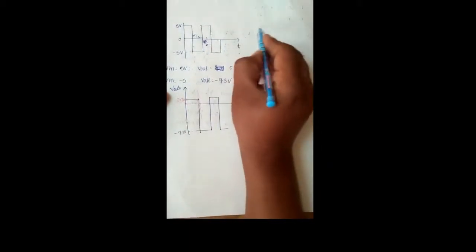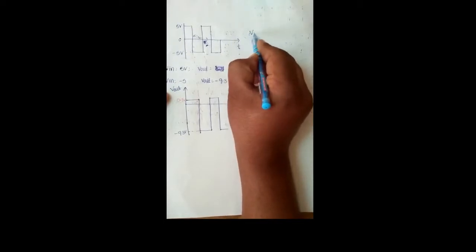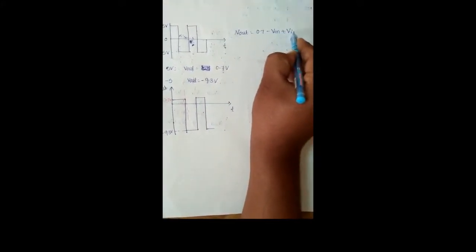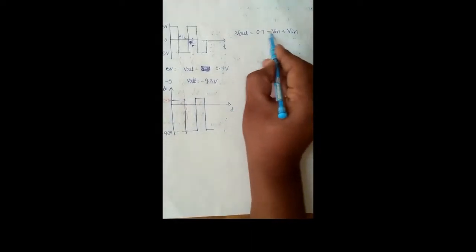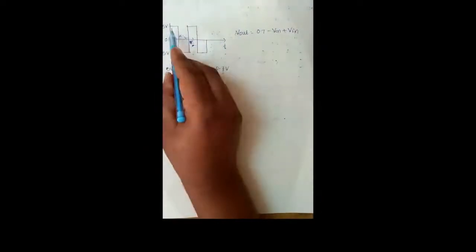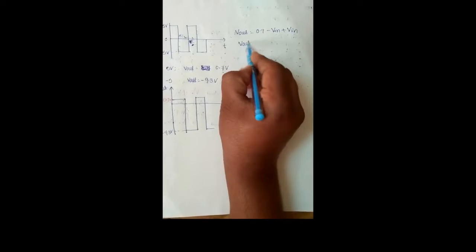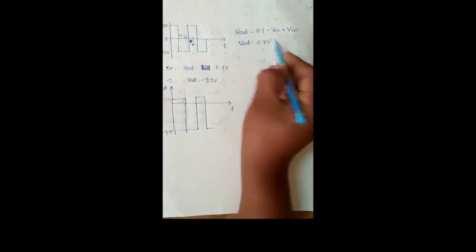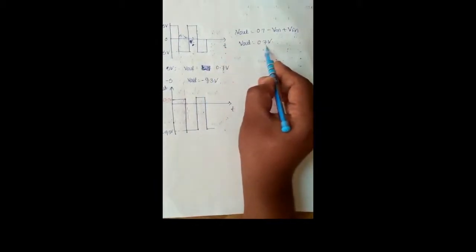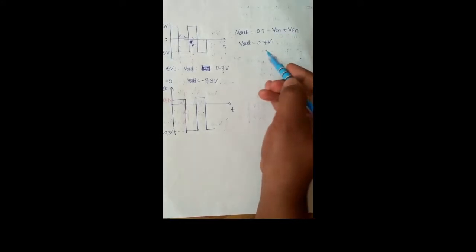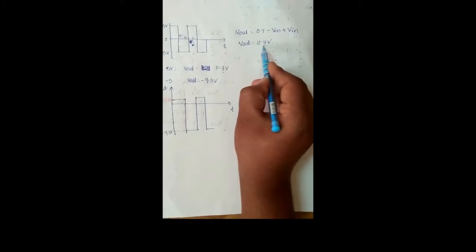The output voltage of the negative clamper circuit is Vout equals 0.7 volts minus Vm plus Vin. Substituting Vm equal to 5 volts and Vin also 5 volts, we get Vout equal to 0.7 volts. Compared with the ideal diode, where Vout equals 0 volts, the practical diode has a cut-in voltage of 0.7 volts, so Vout equals 0.7 volts.